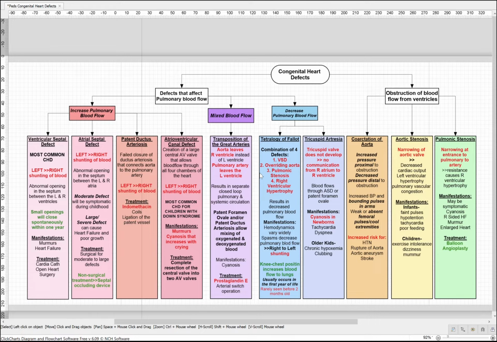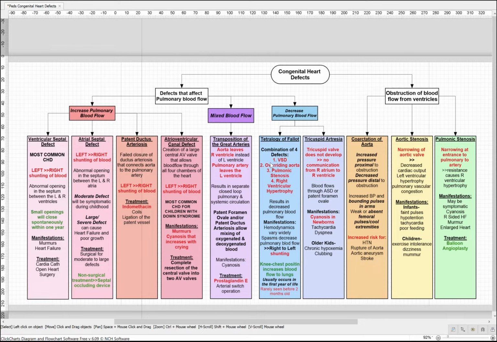It makes its way to the left side of the heart, but then we have this ventricular septal defect that is taking that oxygenated blood and shunting it back over to the right side of the heart. So we're not as effectively going to be getting that oxygenated blood out to the rest of the body because of that flow from the left side of the heart to the right side of the heart.